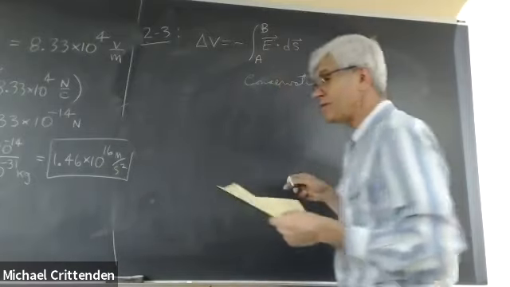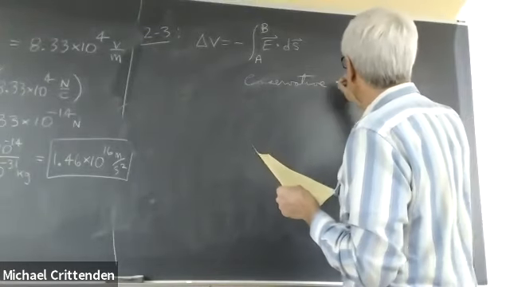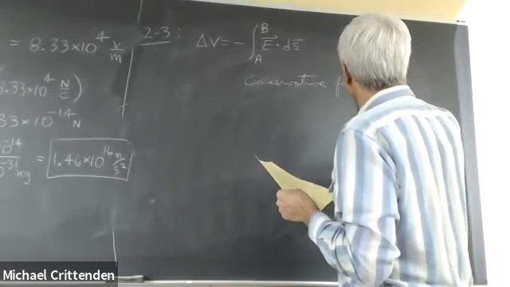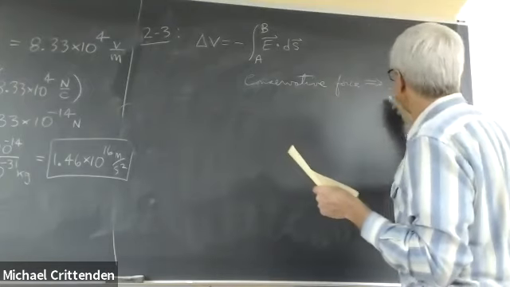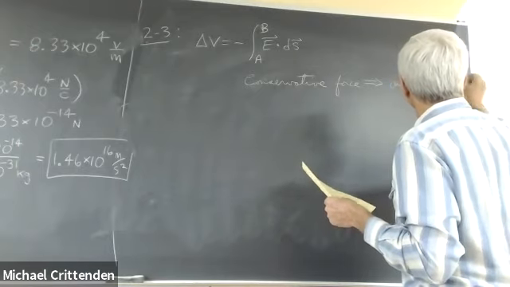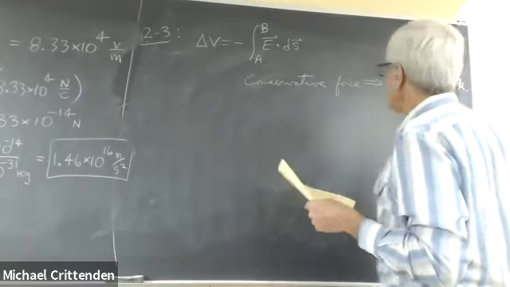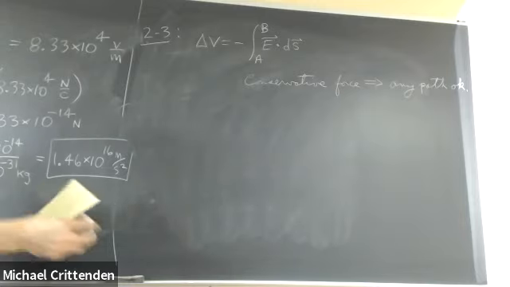I did mention this, it was the section on work and energy in Physics 131. There might actually be somebody in the room who remembers that. Anyhow, because electric force is a conservative force, any path is okay.